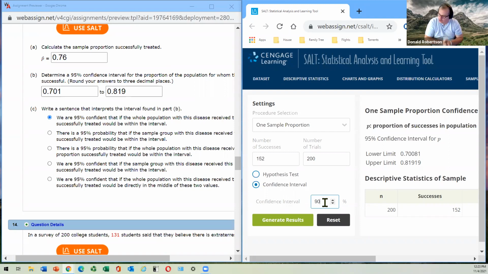It doesn't care what the story is. It doesn't care how many were treated or not, or where the p-hat is. It's 90, 95, 99, right? They always get bigger, right? As you increase your confidence level. If you did 99.9, wouldn't it be even bigger? Right? It would get ridiculously big. Are we comfortable with that SALT question now?